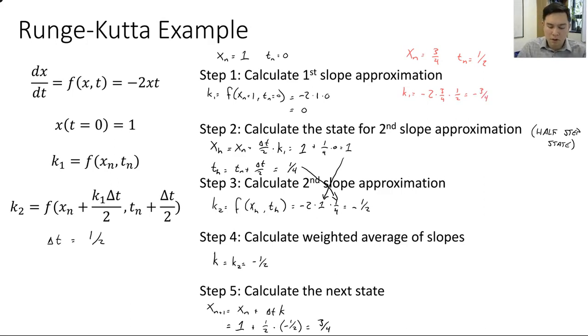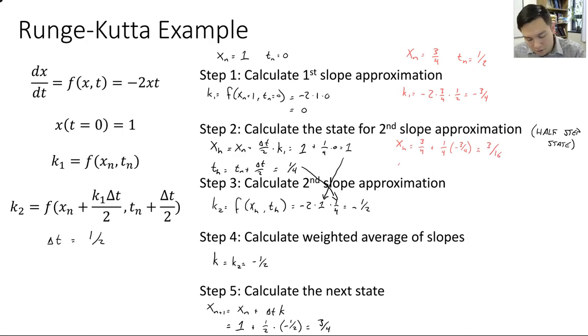Okay, so we can use that slope approximation to get our half-step state, so x sub h equals our current state, which is 3/4, plus a half-time step, delta t by 2, which is 1/4, times our slope approximation, minus 3/4. So it would be 3/4 minus 3/16.